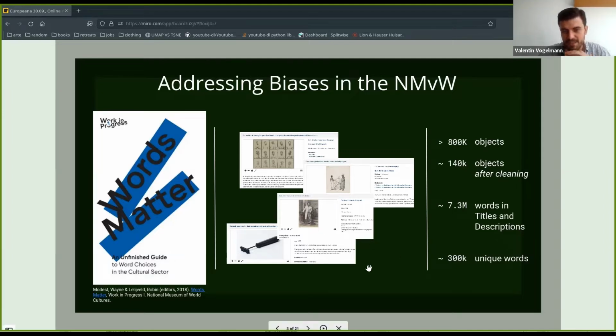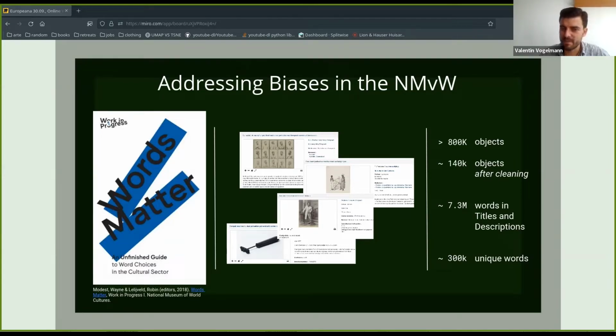This is not very well visible, but in the middle I put the object cards for 4 objects in the digital collection. If you go to the public interface of the digital collection, you can actually find these cards back.